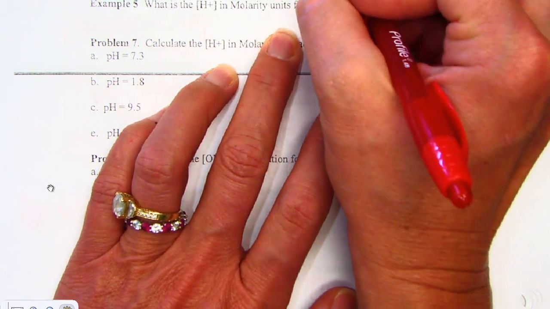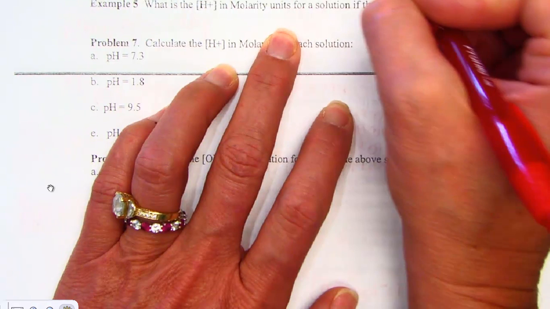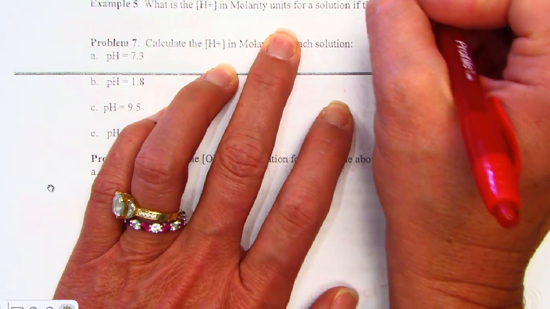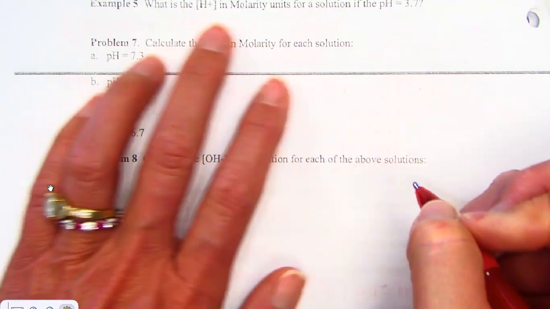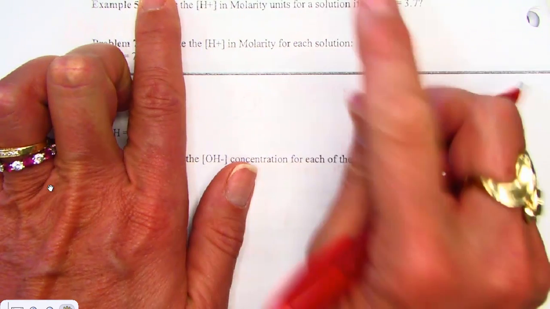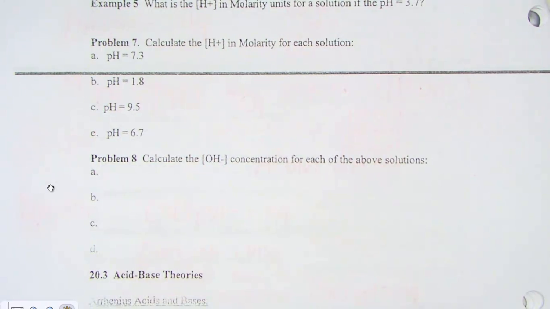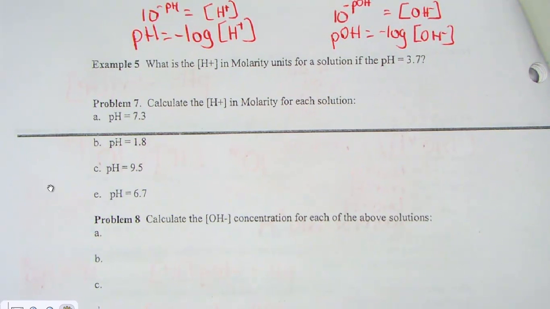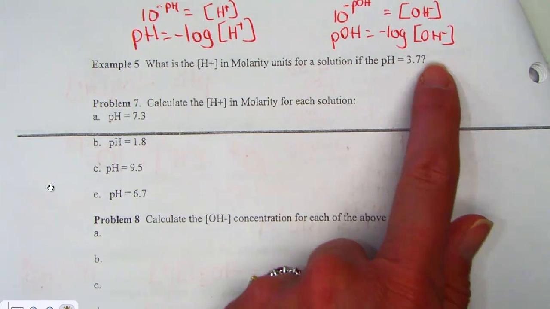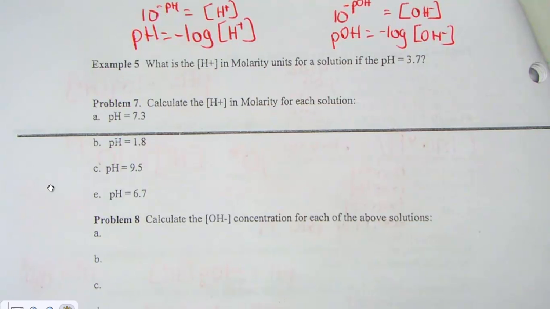So 10 raised to the negative pOH gives me hydroxide's value. And together we know pH plus pOH gives us 14. So just some useful formulas as we try to manipulate one into the other. If I had any one of those 4 formulas, I could easily find the other values.